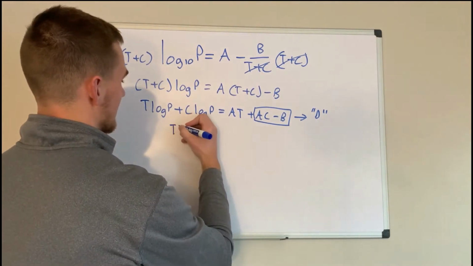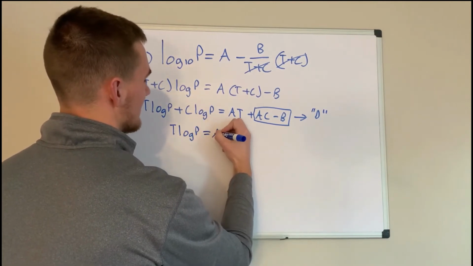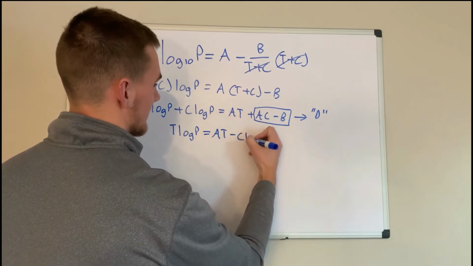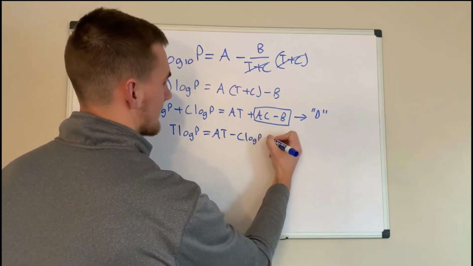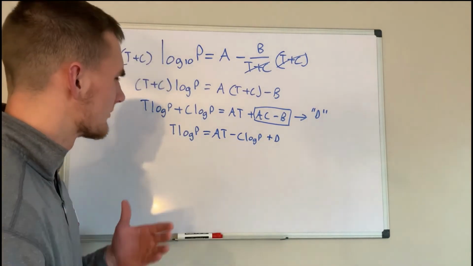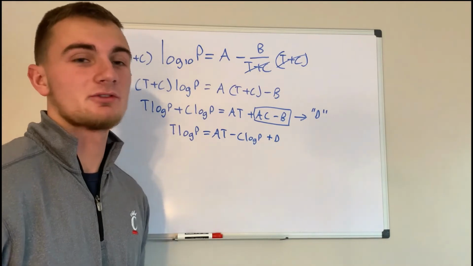So I'll have T log P equals AT minus C log P plus D, our constant. So now we have set ourselves up in order to create a design matrix.